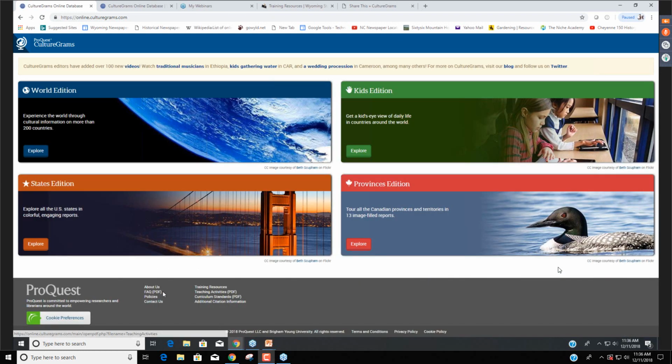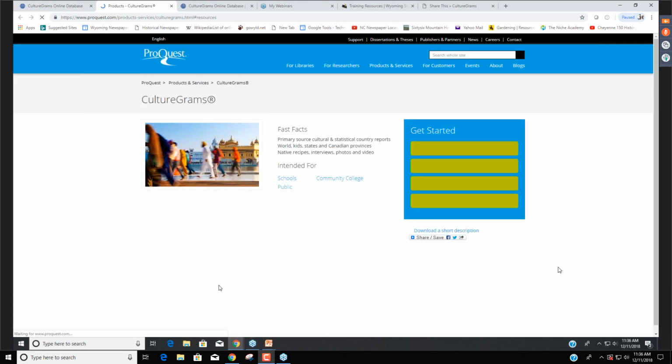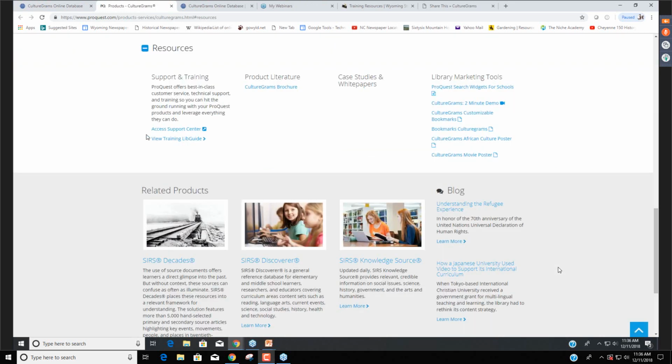We looked at the bottom here, the FAQ, the teaching activities, and the curriculum standards. They also include training resources. Under the training resources, you'll see that there's a training LibGuide, a brochure, and some customizable marketing tools on the right.